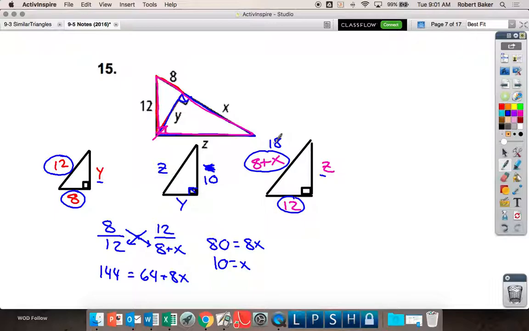So what do you want to solve for next? You can use this triangle, y over 10 equals 8 over y.